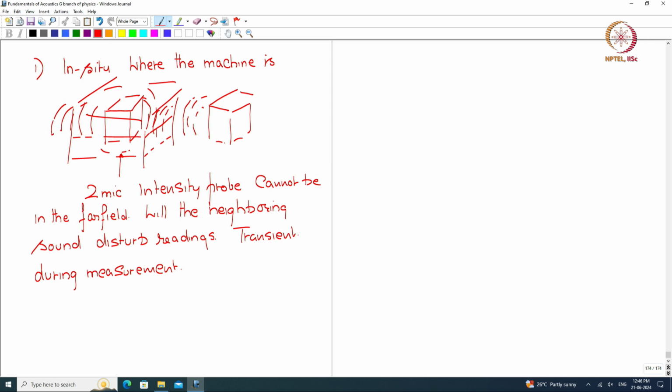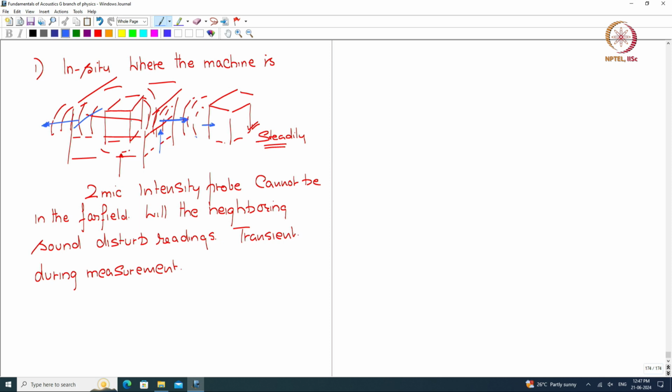So if this machine is held steadily in its operation, then when we are measuring on this side, the intensity, being a vector, will point in this direction, whereas the intensity on the other side will point in that direction, so that the power due to the neighboring machine, which is outside the grid, will cancel out.